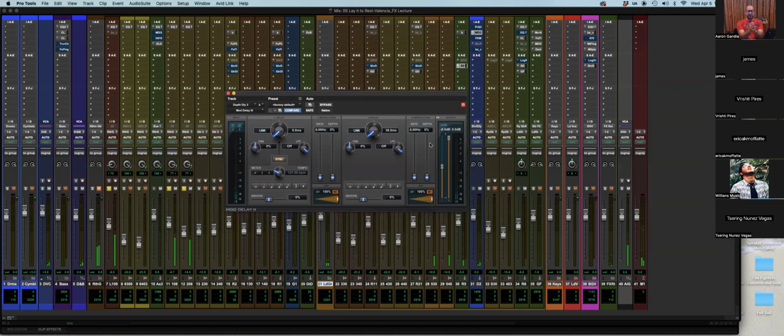I've just made this stage wider. Because this imaginary wall is now farther away from that guitar than it was when it was at 13 milliseconds. And notice how that instrument moved forward.